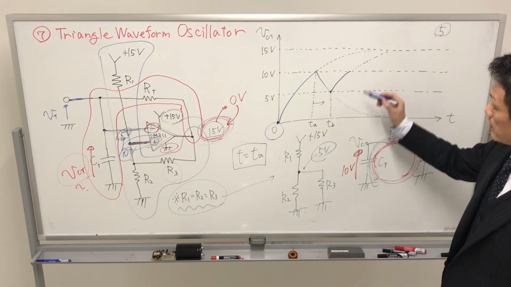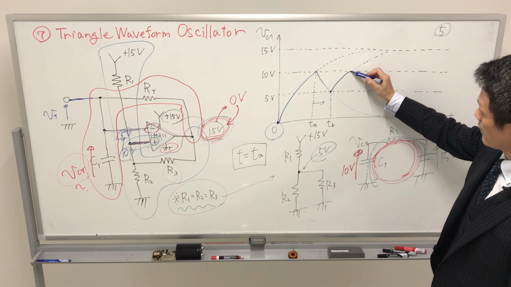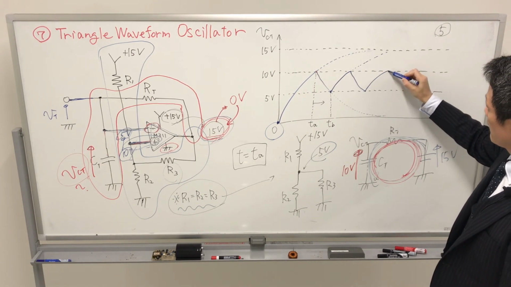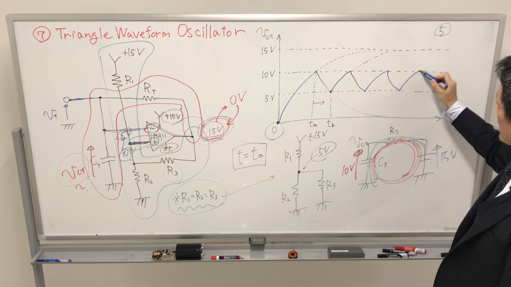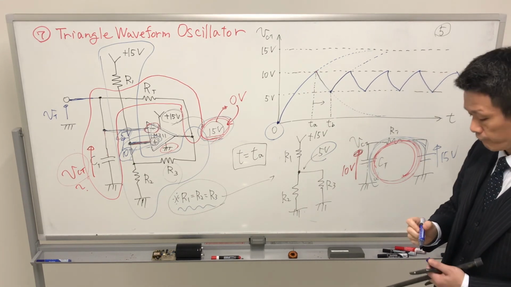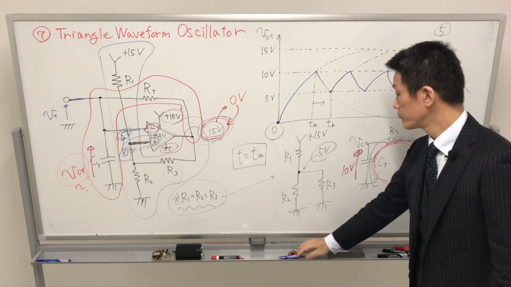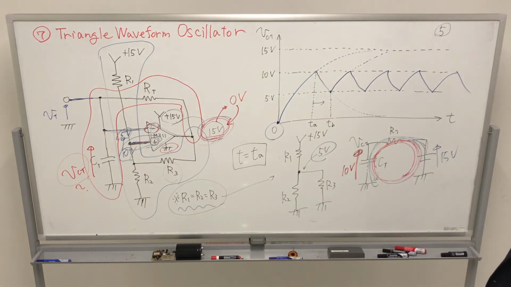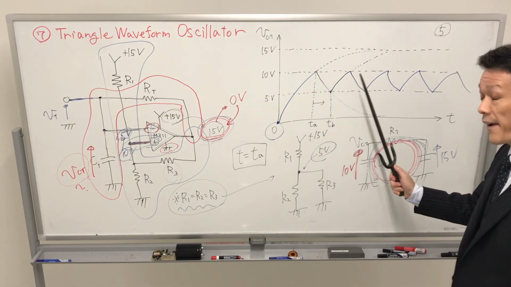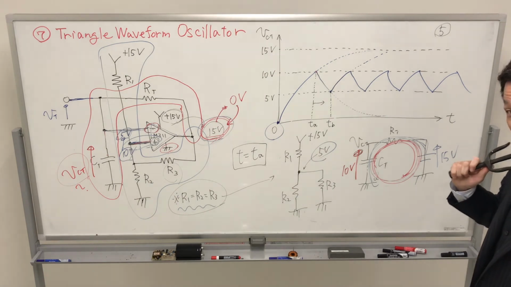So this terminal changes to 0: increase, discharge, increase, discharge, increase, discharge. From far from this whiteboard, we can look at it as almost a triangle. Okay.